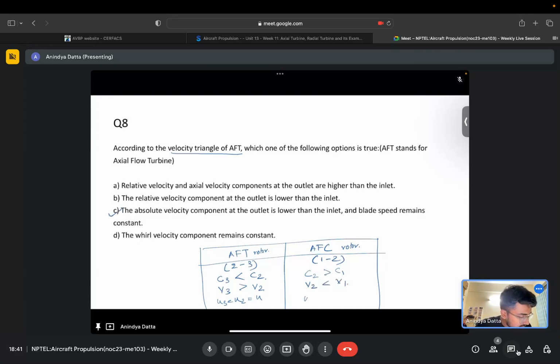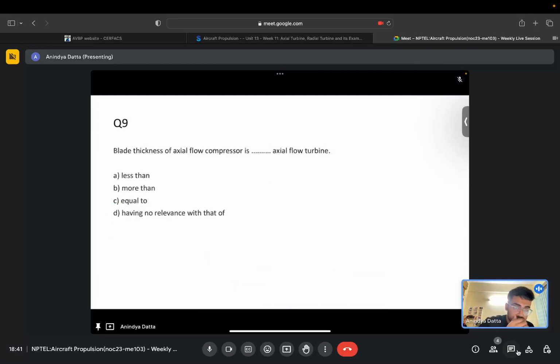Again the blade speed stays constant. So these are the things you can remember, these are the differences. Okay, let's move on.